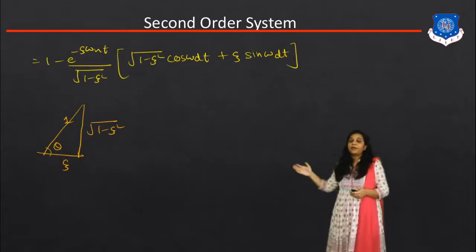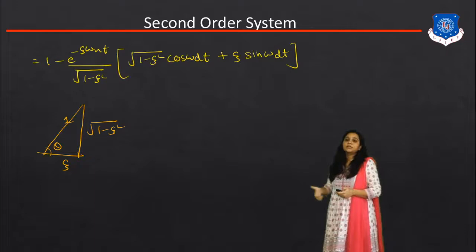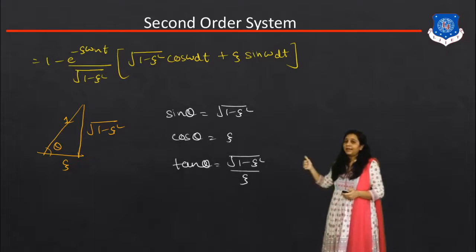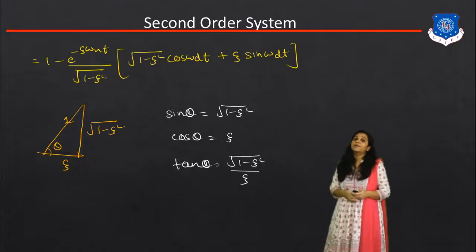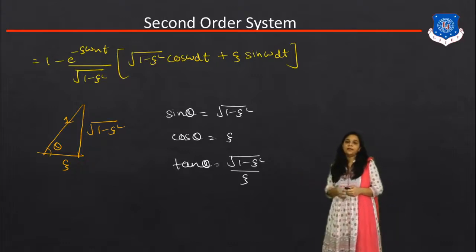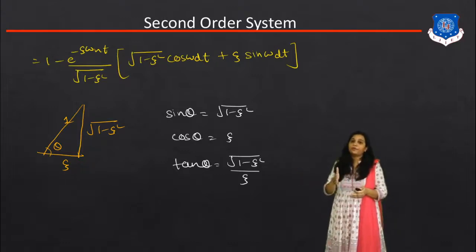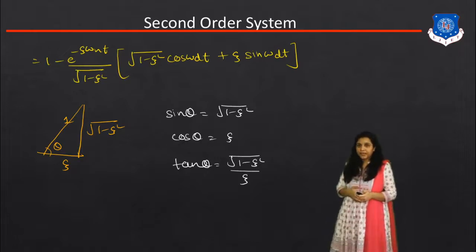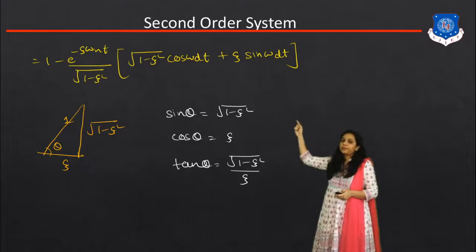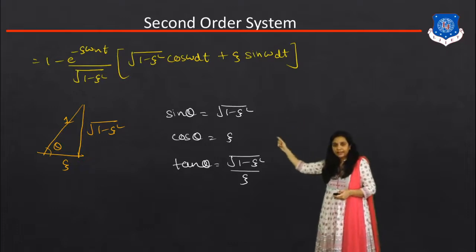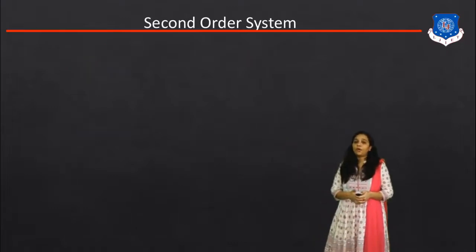Now we have to find this value using this theorem. So sin theta is under root of 1 minus zeta square, cos theta is equal to zeta, and tan theta is equal to under root of 1 minus zeta square upon zeta. So in the above equation put under root of 1 minus zeta square equal to sin theta and zeta equal to cos theta.